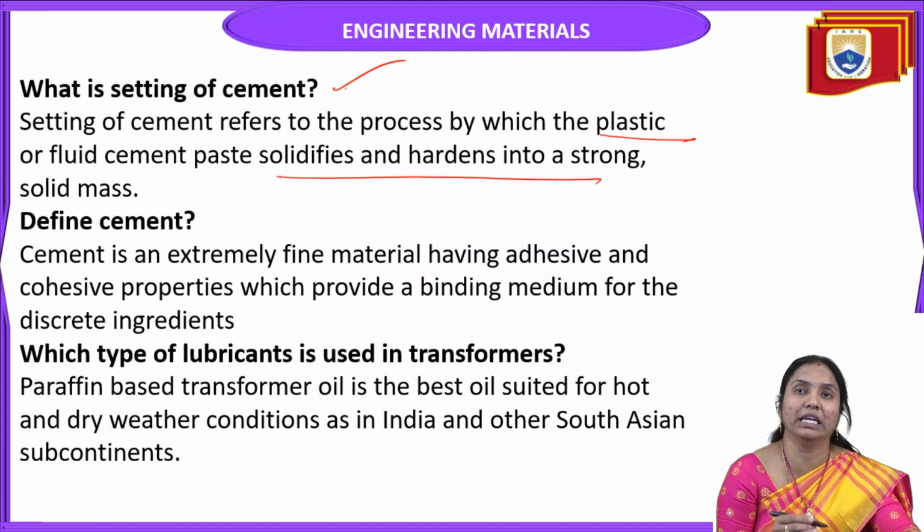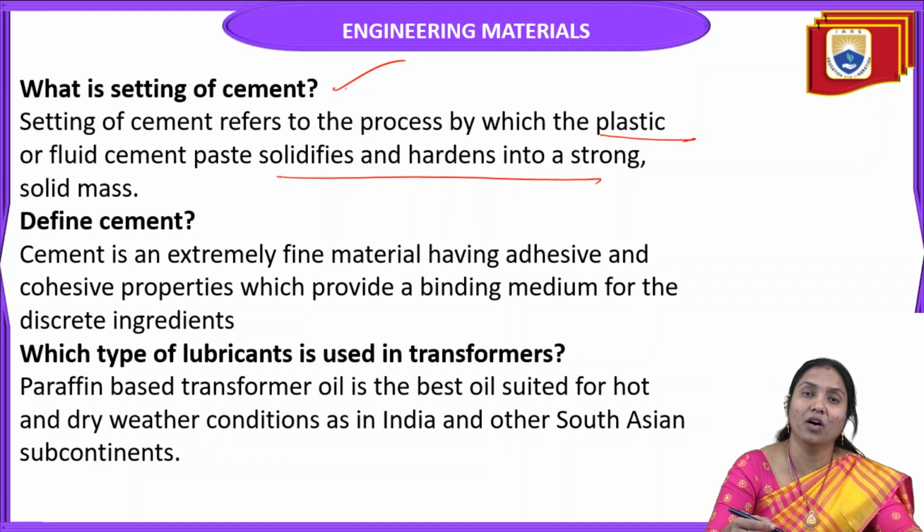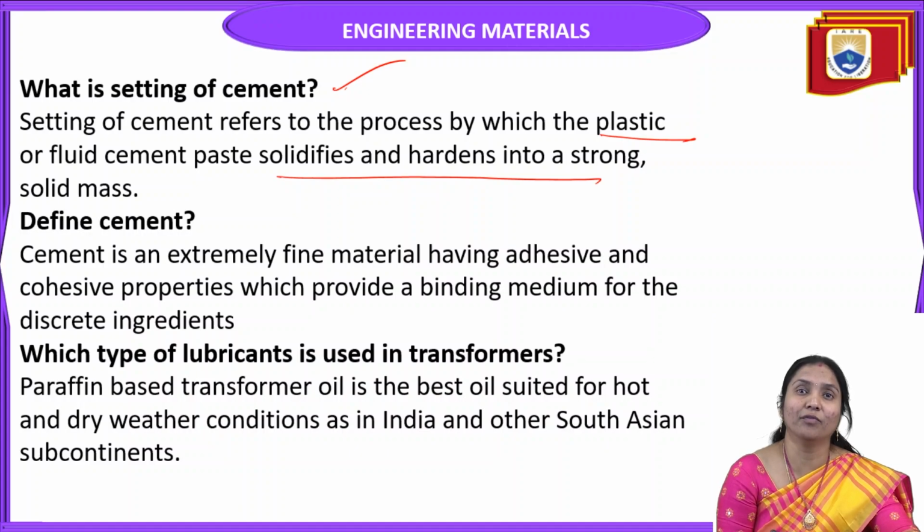When we add all the compositions used for the preparation of Portland cement, like calcium oxide, silicon dioxide, aluminium oxide, etc., it provides a plastic nature. The fluid cement paste solidifies and hardens into a strong solid mass. That is called setting of cement.